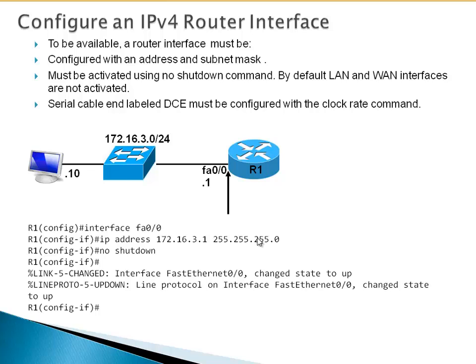So on the DCE, you configure the clock rate as well. And then optional are descriptions, but description is very, very important. You write description and then a small description of what the interface's job is, what it's supposed to do. So for example, if another administrator comes in after 6 months, they will know what this interface is, what it's doing, or where it's connecting to.